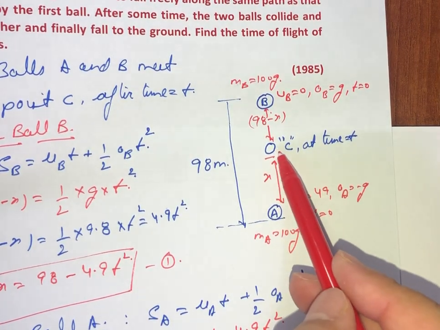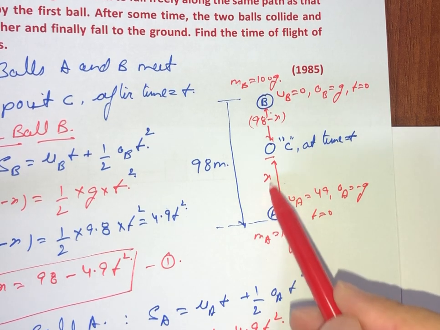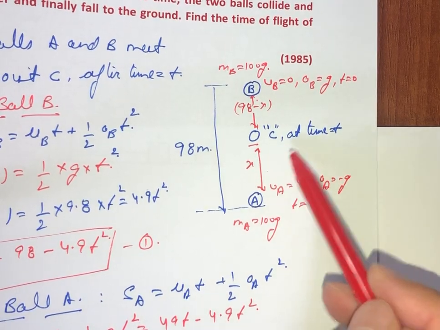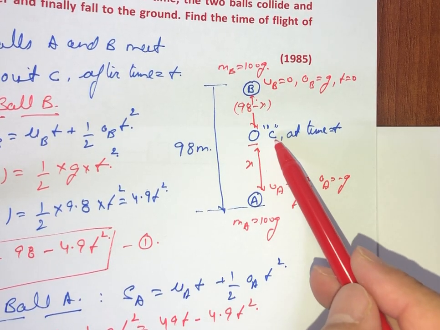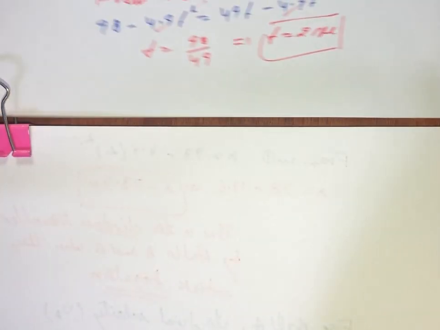Next, now we can simply know that they will be traveling a distance of x after sticking together. So they are going to stick at point C and then fall back to the ground, and they are going to travel a distance x. Okay, and we are going to find out the time during which both A and B are going to strike the ground.